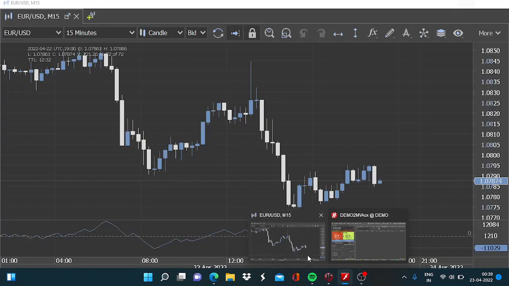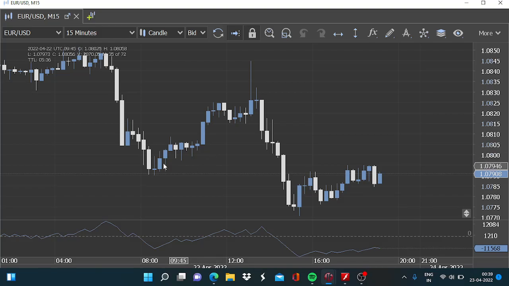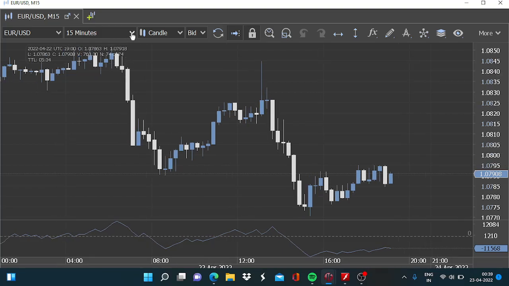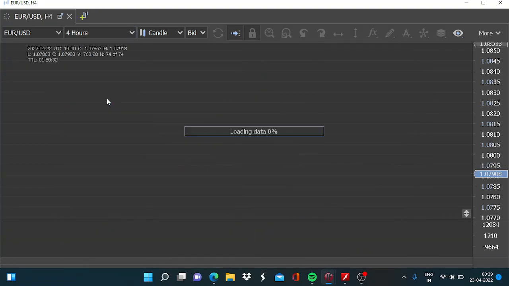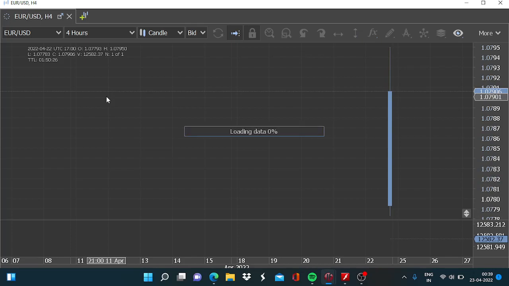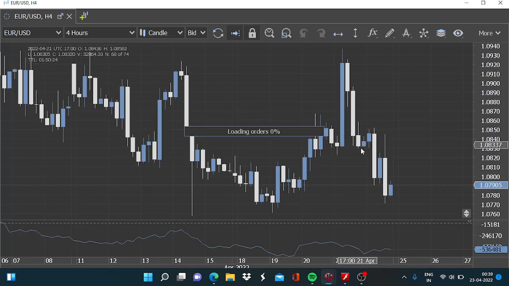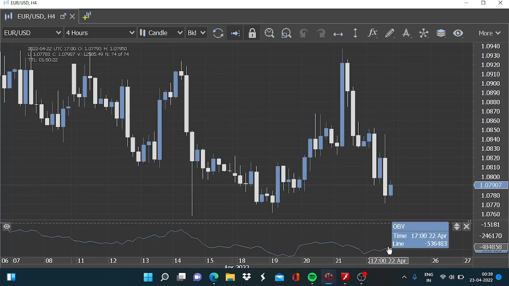Let me give you a refresher of what the logic is. The logic is fairly simple. First, we want to make sure that we are trading with the trend, and for determining the trend, we are using the OBV over the period of 4 hours. The candle period is going to be 4 hours, and we will compare the value of the last 4 hourly block to the block which closed third last.